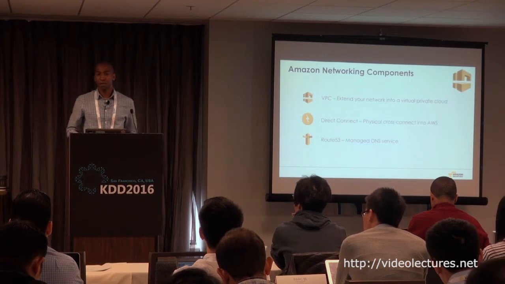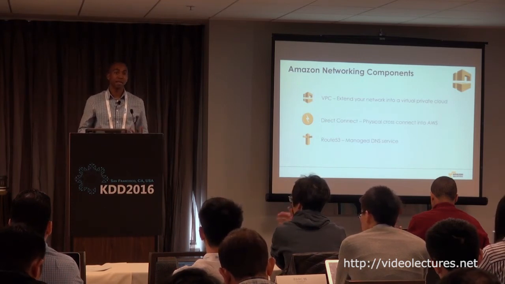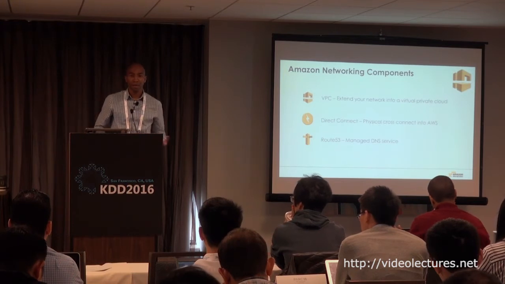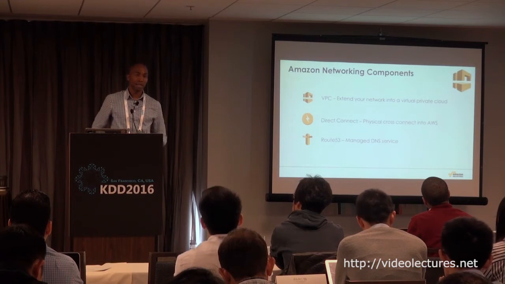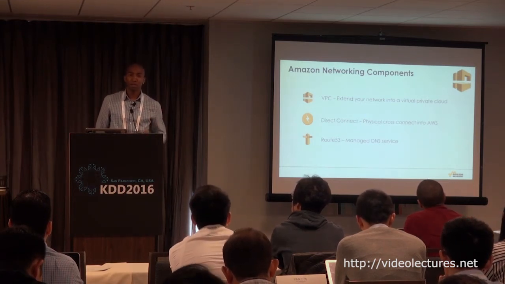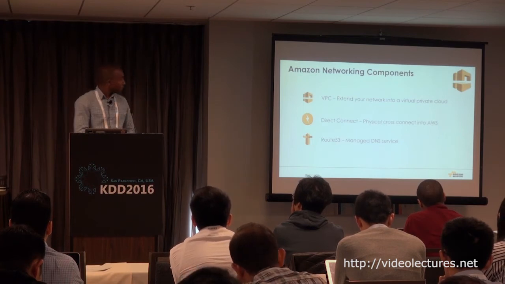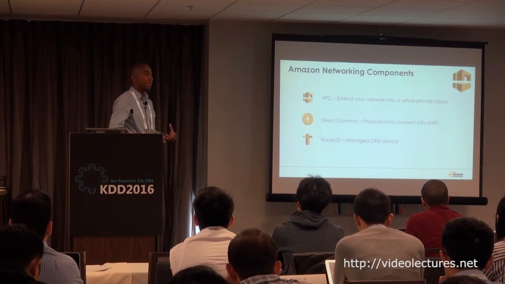Some customers are using sub-gigabit links, but we have many customers that have multiple 10 gig links into AWS, and they're load balancing across both of those links, sending traffic into AWS at single digit to double digit millisecond latency. And then we have Route 53, which is our DNS service.